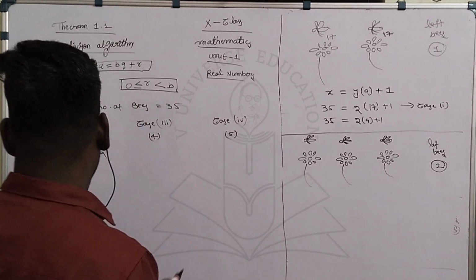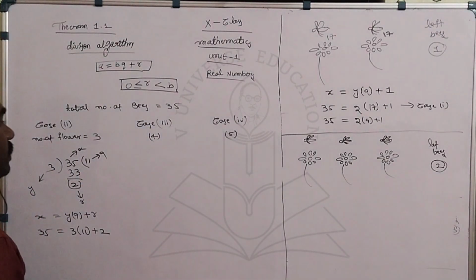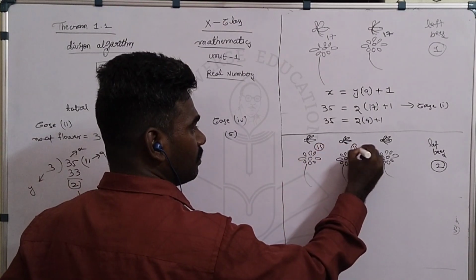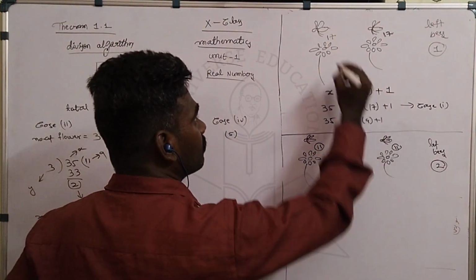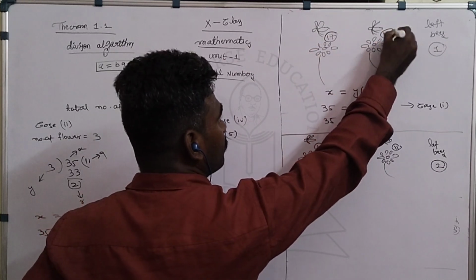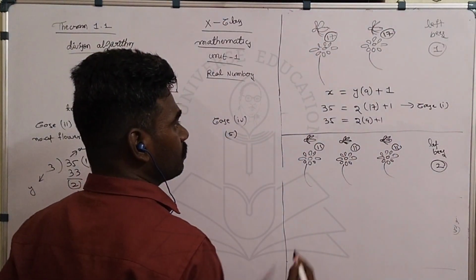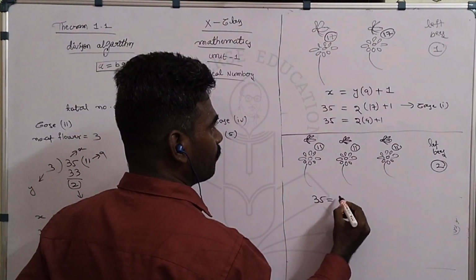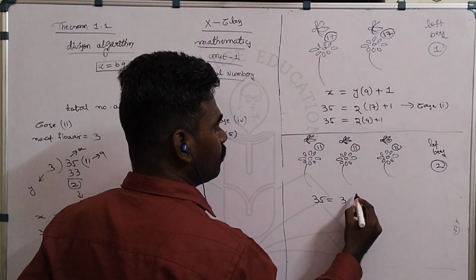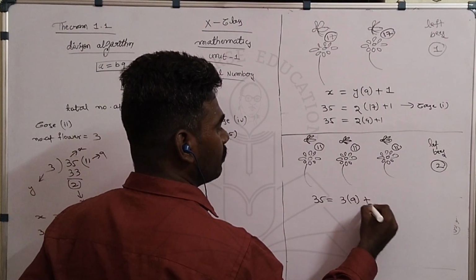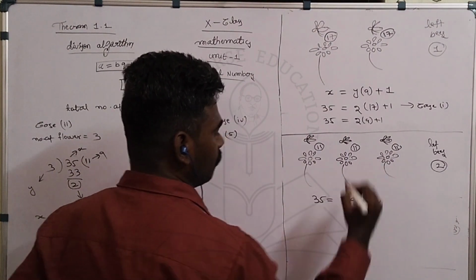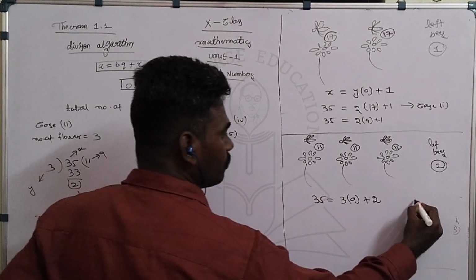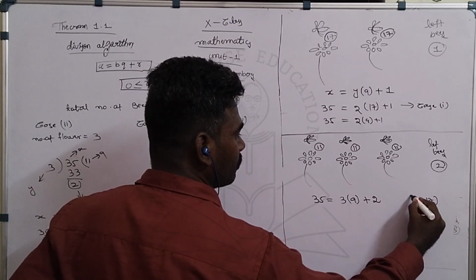So this A value, the equally divided bees, is 11 here, 11 here and 11 here. So we can write 35 is equal to 3 groups into A plus the remainder 2. Here A is equal to 11.